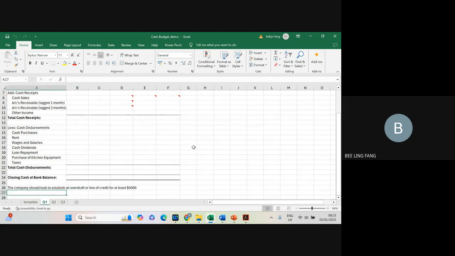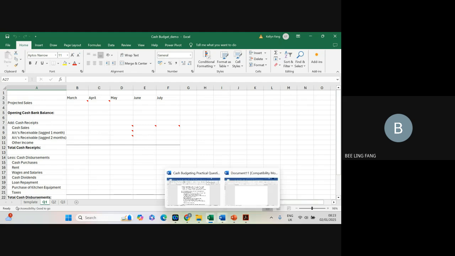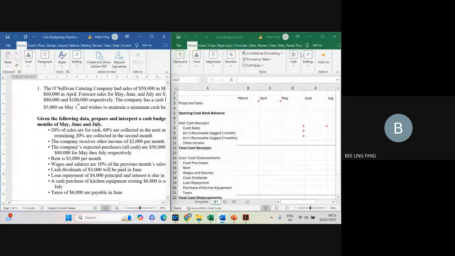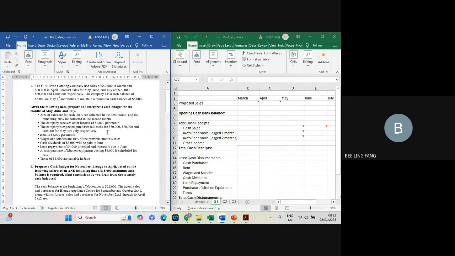Okay. So for question one, I just share this template. I want you to try to fill in the information. Maybe I give you 5 to 10 minutes to fill in your question one into this template, right? 20% of the sales are cash, 60%, okay? Or start from here, 50% in March, 60% in April. Just put in the information here. Okay, so try. I give you maybe like 5 minutes.